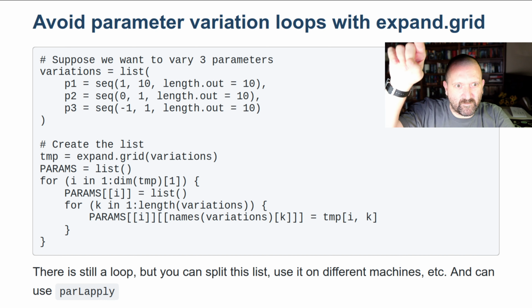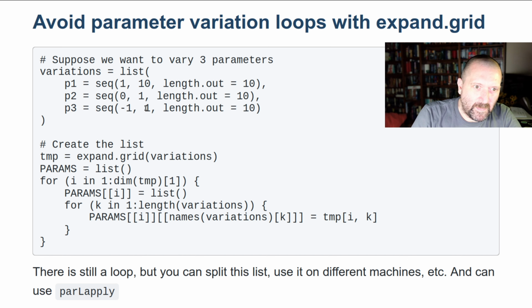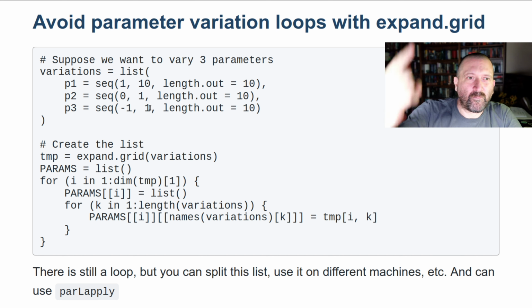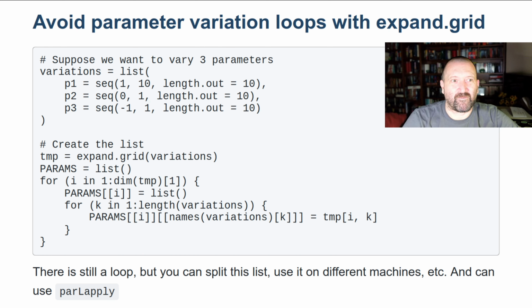And the third column will have -1, then -0.8, -0.6, etc. And then when it gets to 1, it will loop back to -1, but this time with the second index being 0.1, and so on and so forth. This way you get a matrix where you have all possible variations of this.